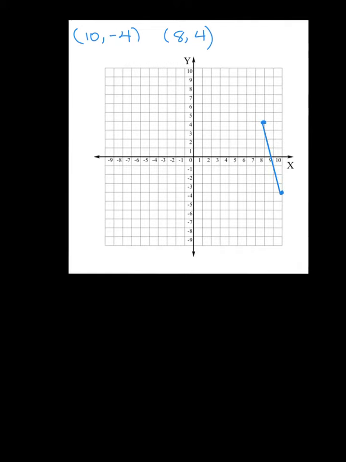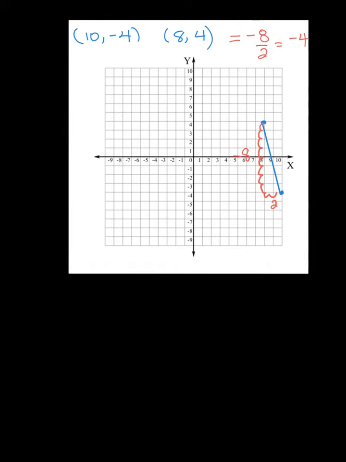All right, and then I'm going to count the rise and the run. So this line is going down from left to right. So I'm going down 8, so -8, and I'm going over 2, so -8 over 2. So -8 over 2 would simplify to -4, or -4 over 1.